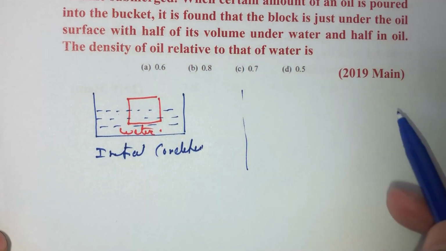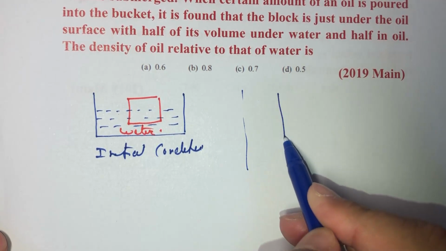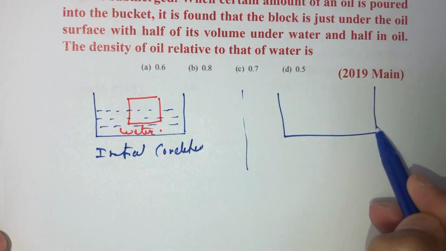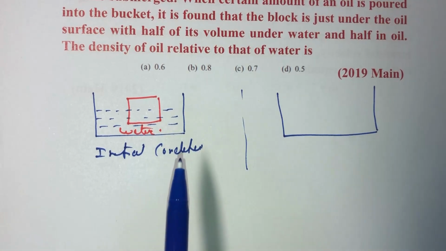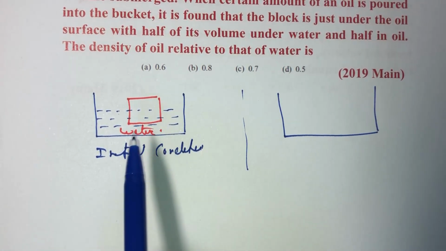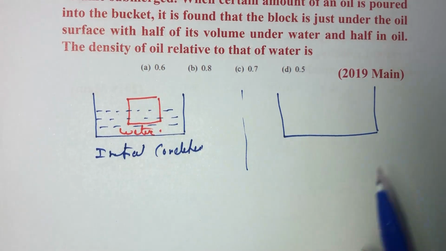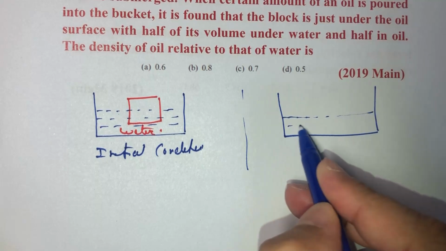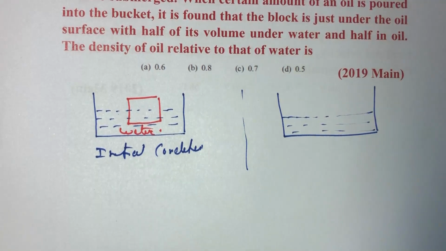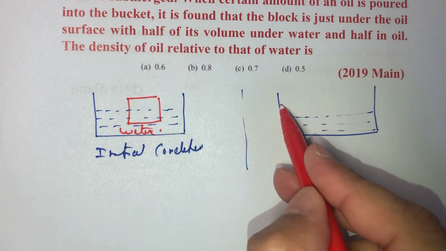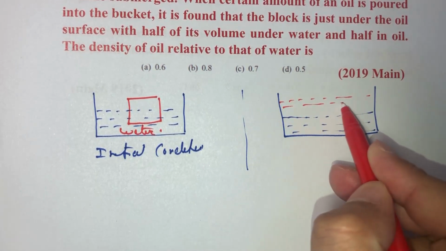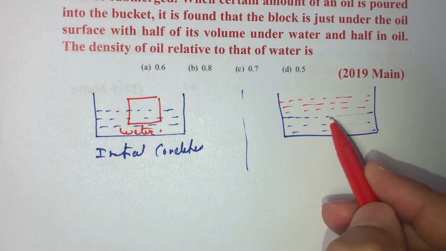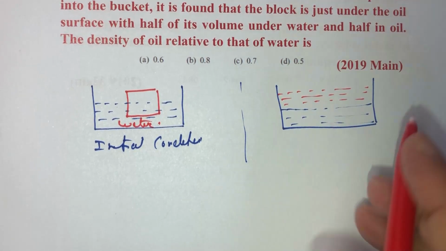And in the second part, we are given that oil is added in the water, and now half of the block is in the water and half is in the oil. So let us see, this is now our water and this is our oil, and the block is just under the surface of the oil.